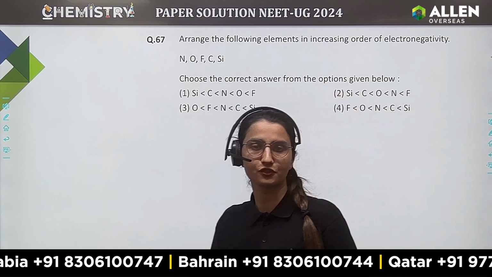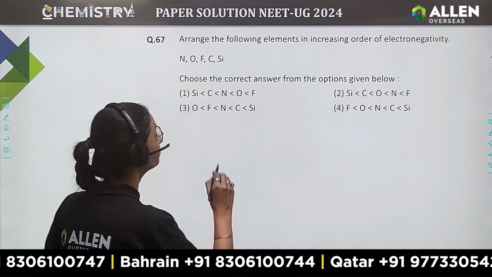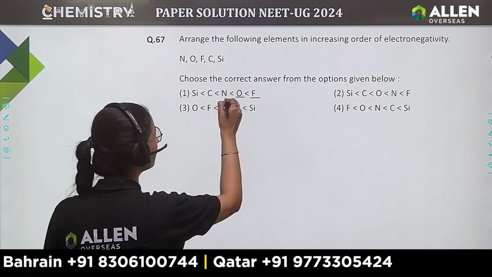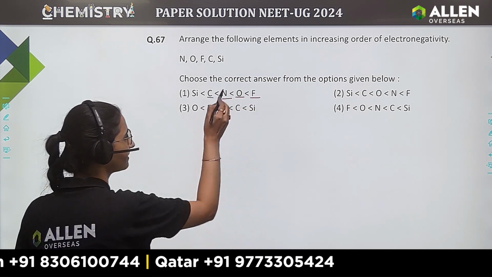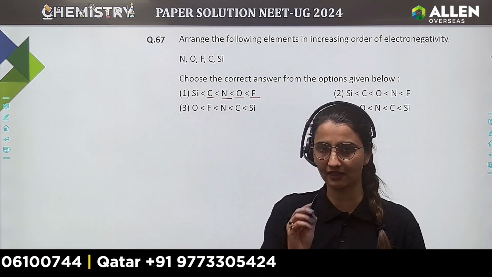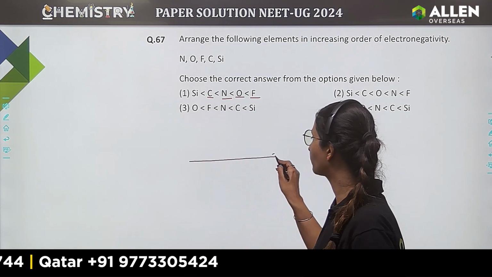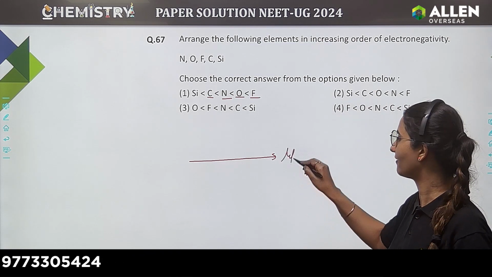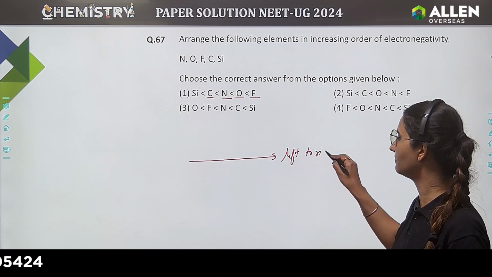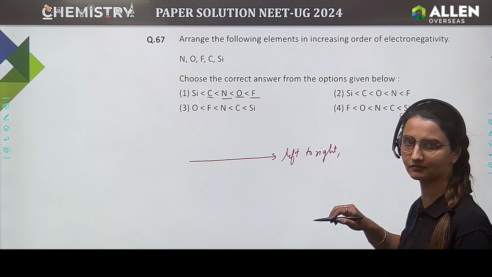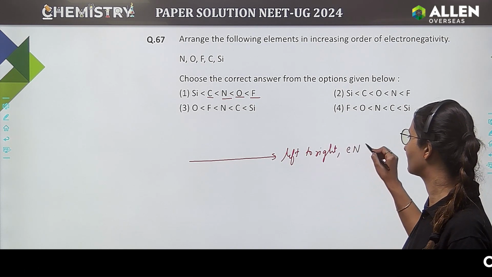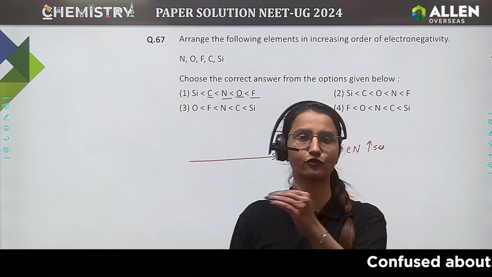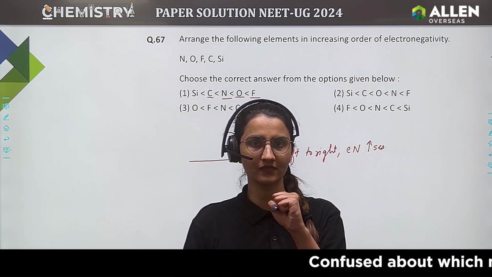So a simple question, students. We know that the most electronegative element of the periodic table is F. Then comes O. Then comes N. Then obviously C. And the concept is, when we move from left to right in a period, electronegativity increases. Why? Because left to right, size is decreasing.